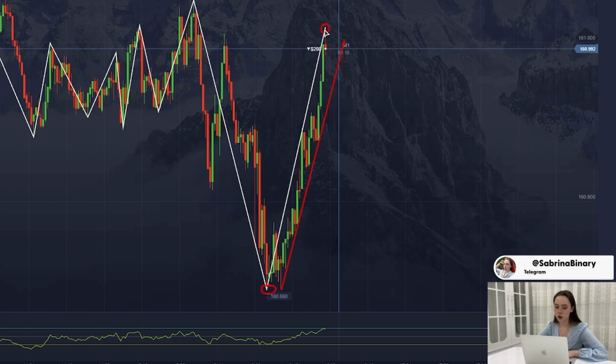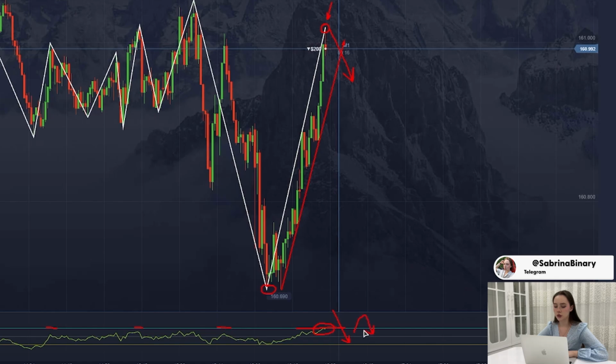I also want to note that the second indicator, the RSI, has touched the overbought area, so the chart will go down obviously. As you can see, constant pullbacks occur from this area and never went beyond the overbought area in this case. That's why I open a down trade, and let's watch our trade already.